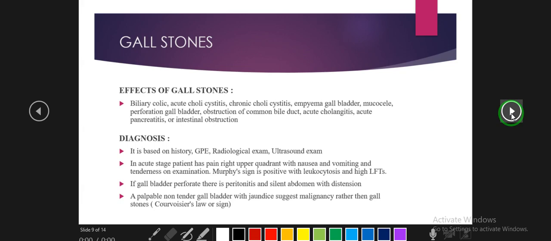If gallbladder perforates, there is peritonitis and silent abdomen with distension. A palpable non-tender gallbladder with jaundice suggests malignancy of the gallbladder rather than gallstones. This is called Courvoisier's law or Courvoisier's sign.